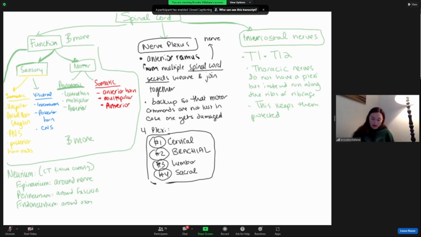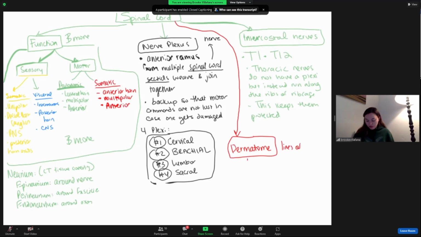All right, and then lastly, we have your dermatome. And this is before we start talking about reflex. So we still need to go over reflex. So dermatome, what is a dermatome? A dermatome is the fact that lines of cleavage, if you remember, those are basically sections of your skin, are innervated.